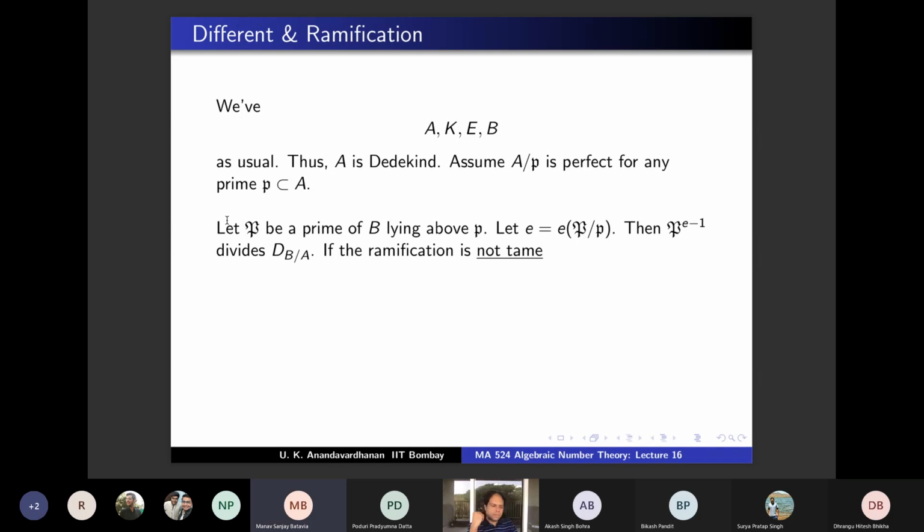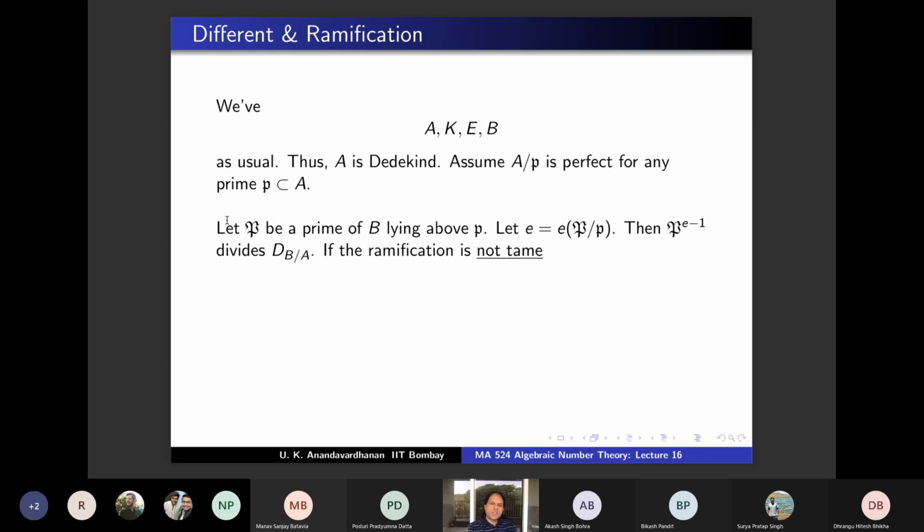It's about the ramification index not being co-prime to p. If p does not divide e, then we say tame. So not tame means p divides e.